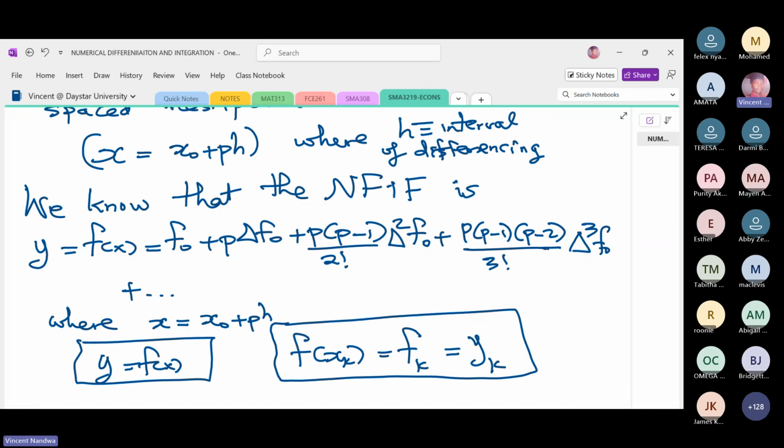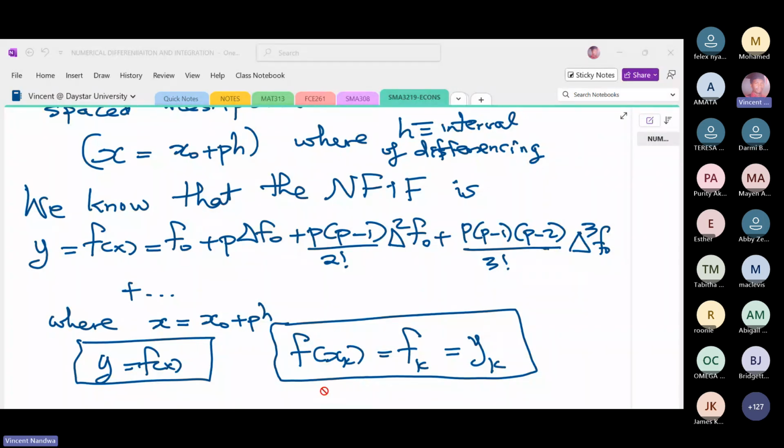Did you use f or y when writing the Newton forward formula? Y, yes.